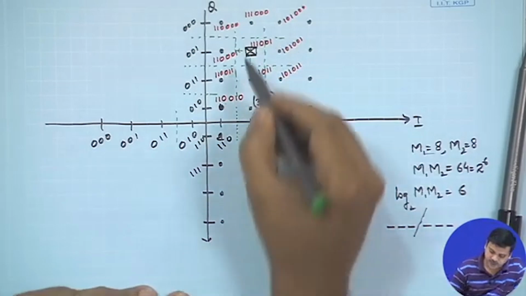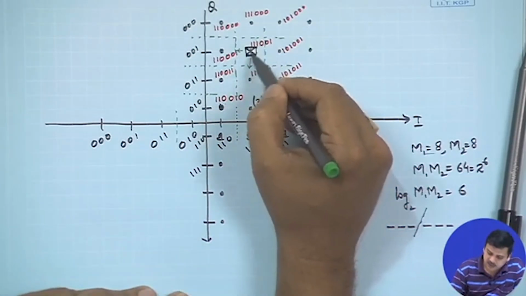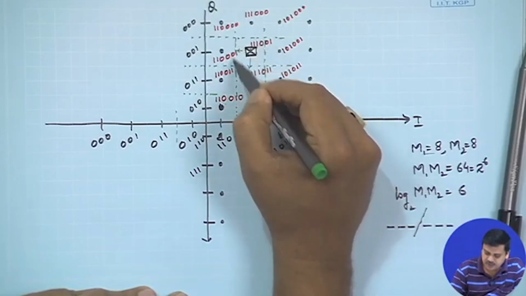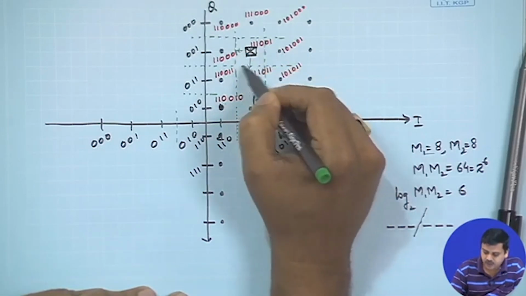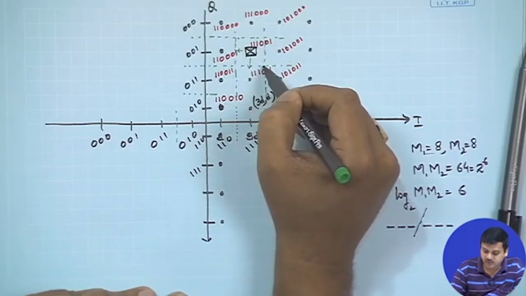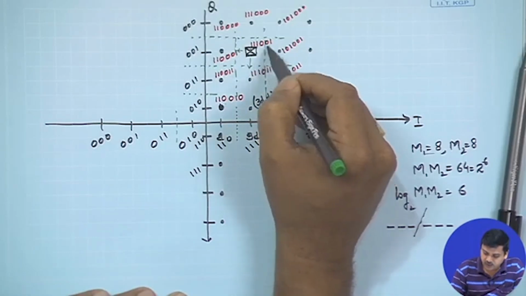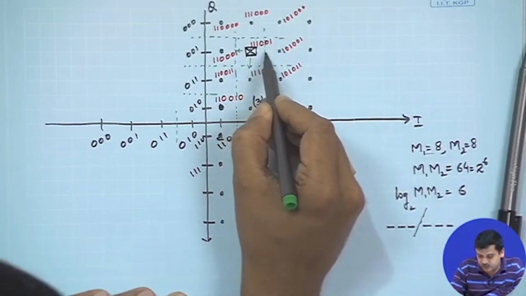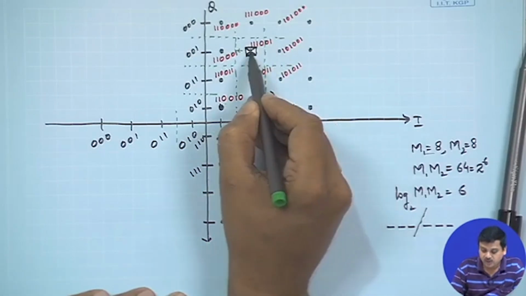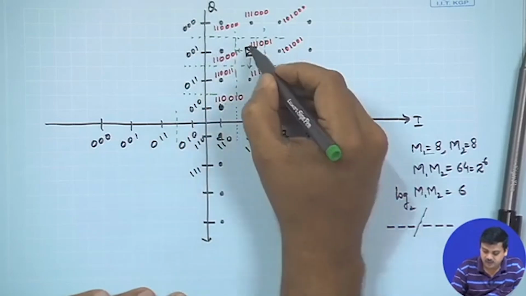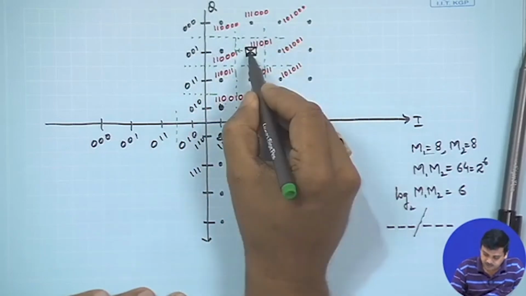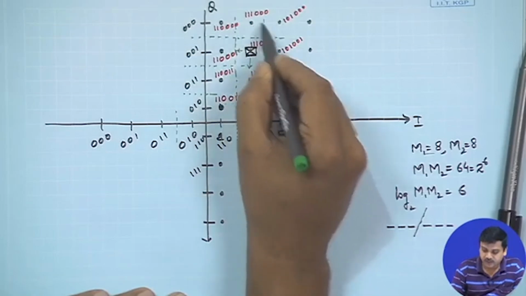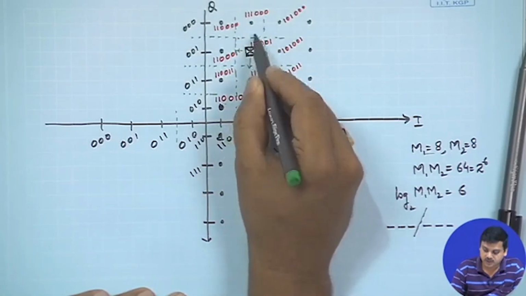What we find is that as long as this symbol is within this region, which is the decision region, it is an area, you would decode it correctly. However, if this constellation has moved to this side or to this side due to addition of noise, or to this side or above, you would decide on which of the constellation points of the receiver based on which decision region this constellation has moved to.